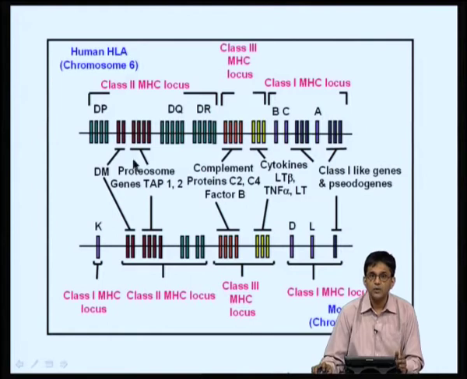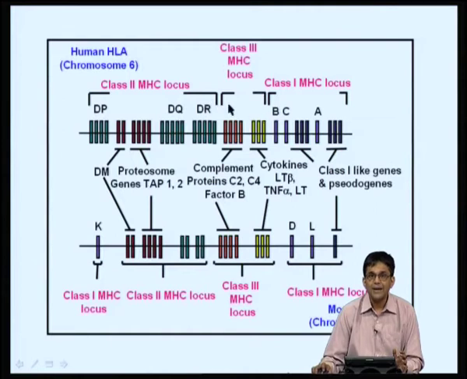I just want you to focus on the proteasome genes and TAP1, which are important antigen processing and presentation genes in the case of MHC class 1, whereas DM is important in antigen processing and presentation in the case of class 2. So DP, DQ, DR are the structural genes important in MHC class 2, and the corresponding genes are shown here as IA and IE in the case of mouse.